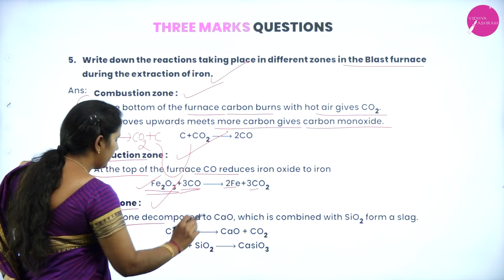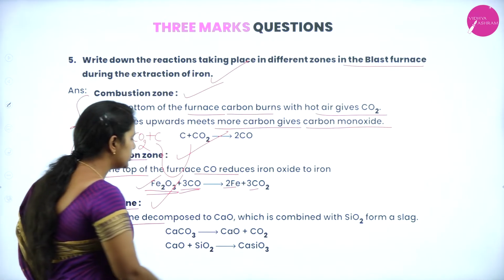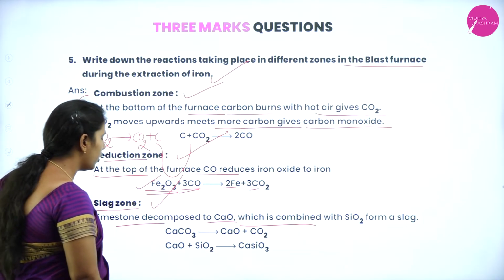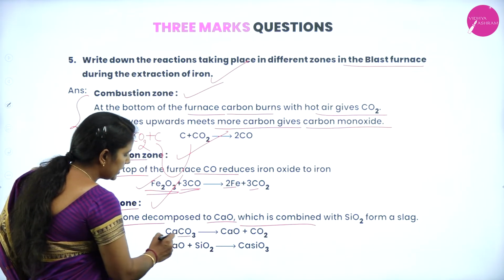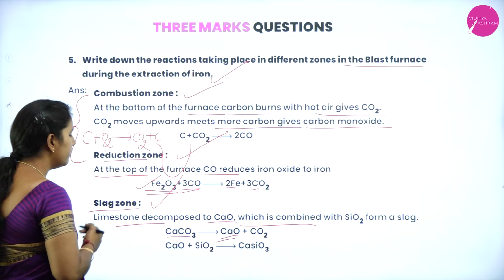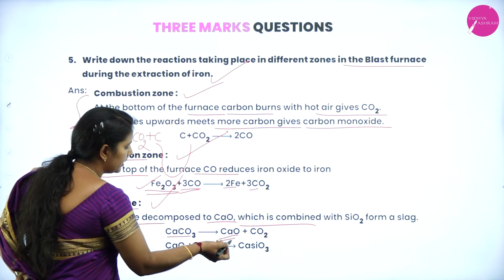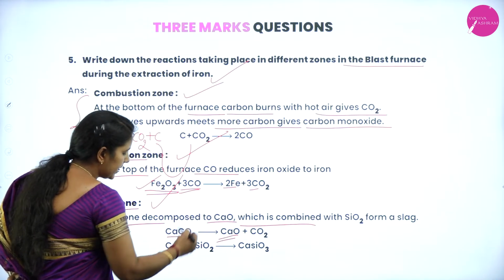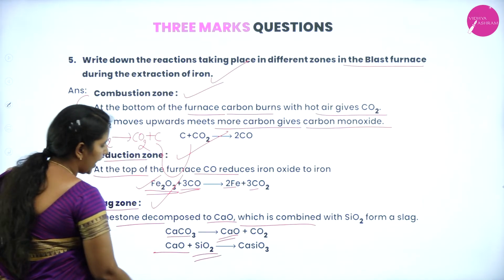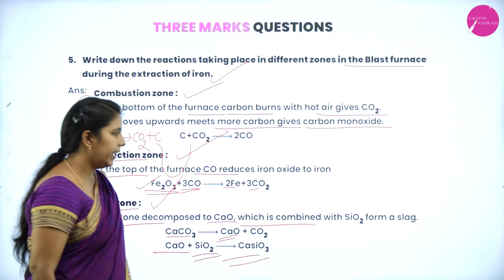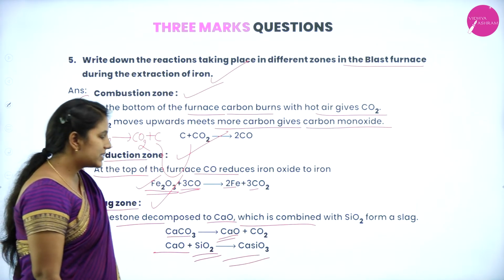The limestone will be decomposed to form calcium oxide, which is combined with the silicon dioxide to form silica. You can see that the calcium carbonate which has been added is nothing but a flux, which upon decomposition gives calcium oxide and carbon dioxide. This calcium oxide further reacts with the silicon dioxide to form calcium silicate, which is nothing but slag.